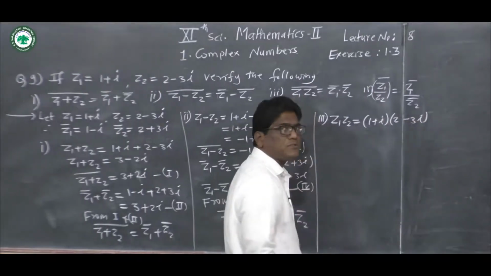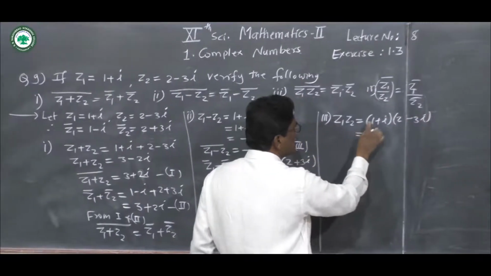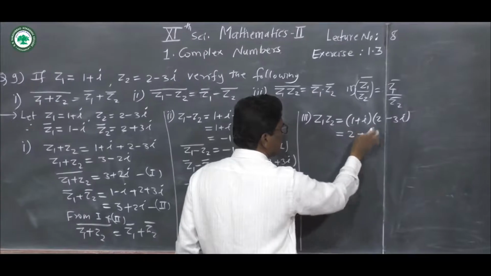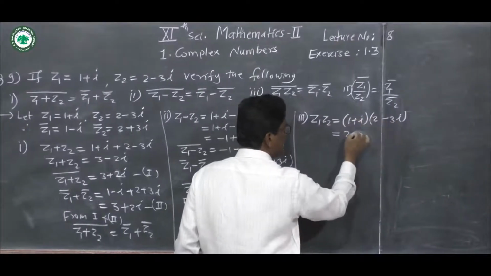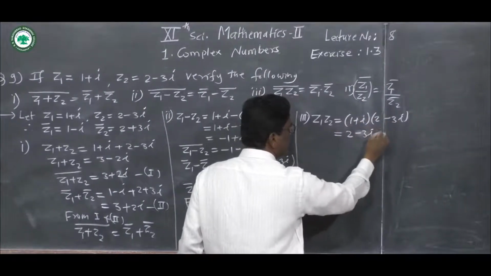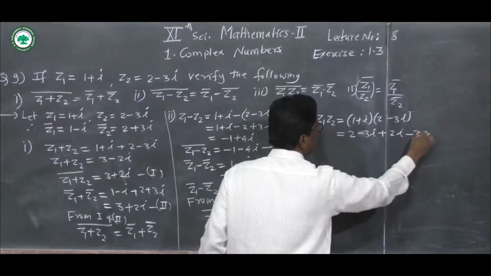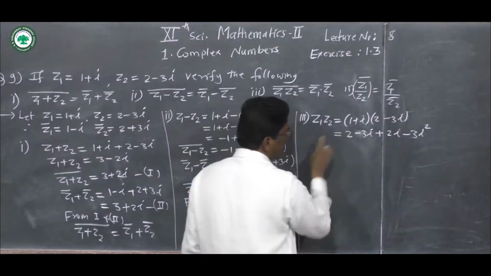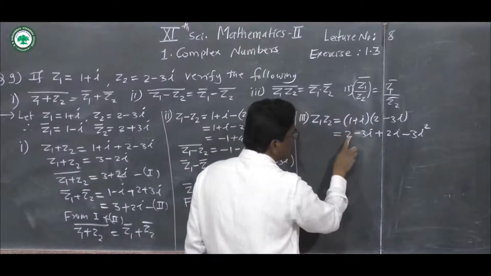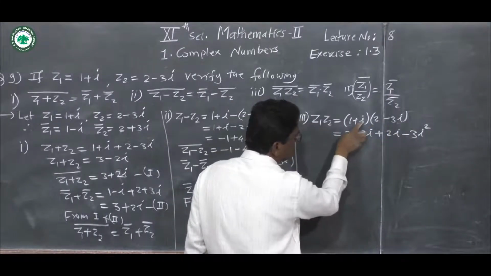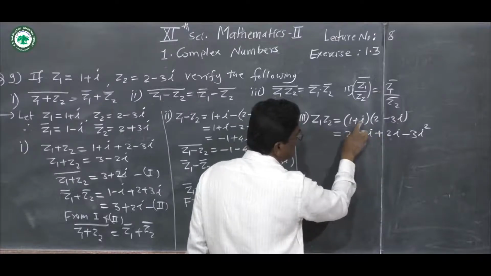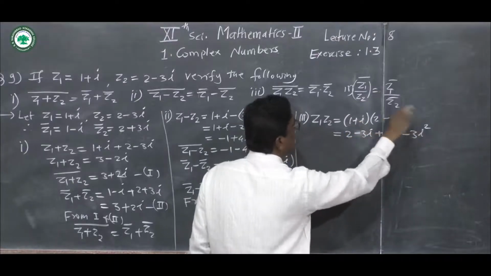Take the product of these two brackets. So it is equal to 1 into 2, 2, plus 1 into minus 3i, that is minus 3i, plus i into 2, that is 2i, and minus 3i into i, that is minus 3i square.